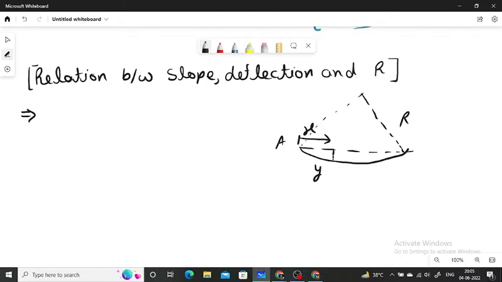Then in this case 1 by r is equal to d2y upon dx square. Okay.